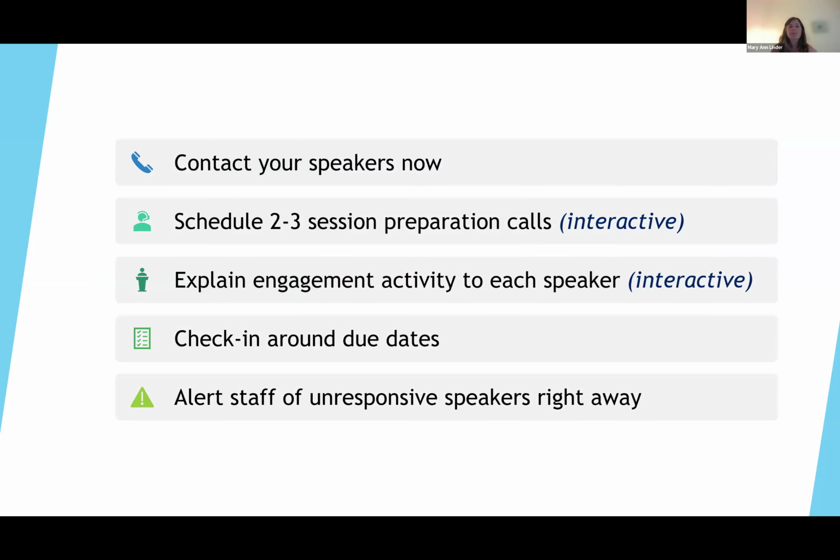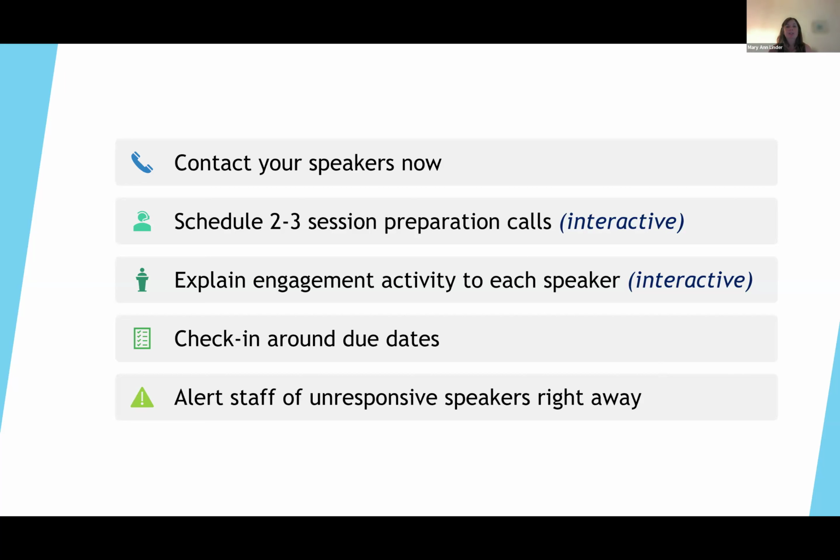So right now, contact your speakers and schedule calls, especially if you have an interactive session. If you have an interactive session, you're going to need two to three calls ahead of WEFTEC. If you're moderating, which means you have a traditional session, one call would be lovely, but you at least need to send emails.